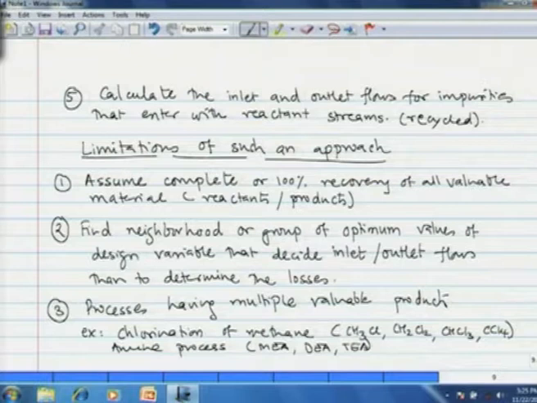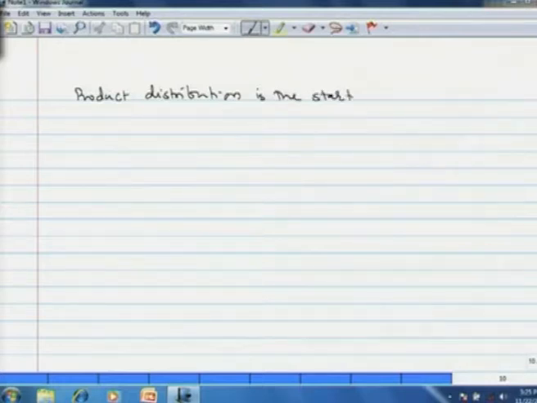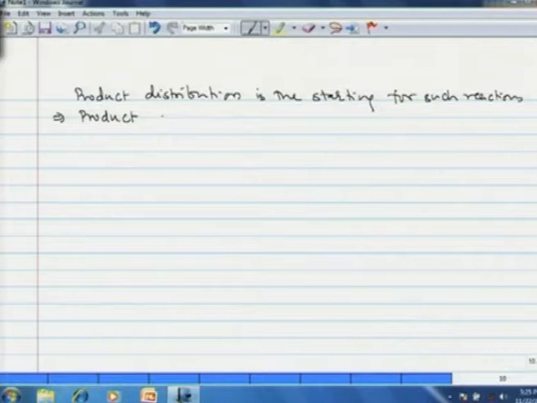And then again we have to first go for the product distribution and then start the material balance. That point we note here. Product distribution is the starting point for such reactions which have multiple products, and product distribution in turn is governed by the market demand, obviously.